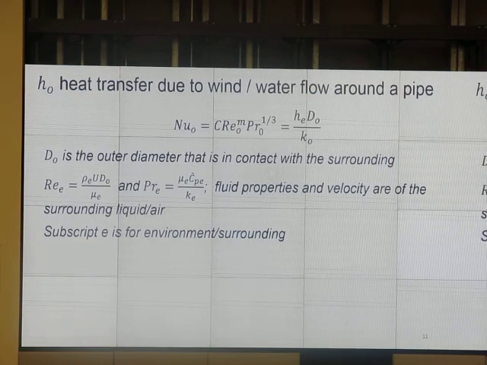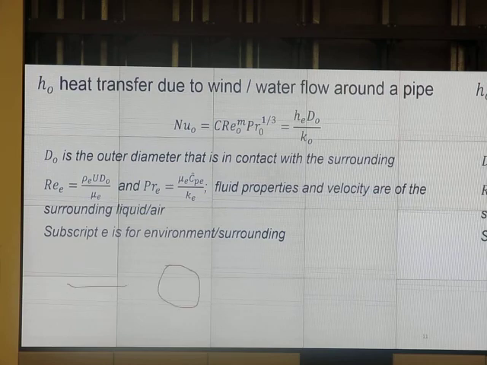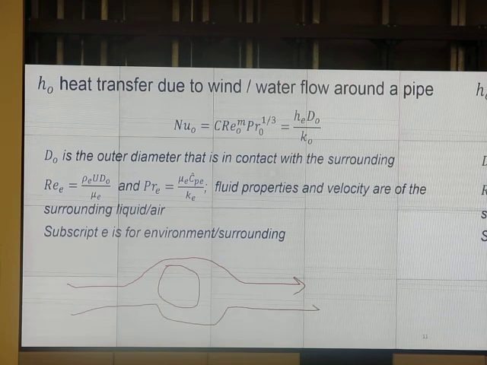What about heat transfer coefficient outside? Is there another formula for heat transfer coefficient outside? External flow around the pipe. So if I have the pipe, I have air flow around it or water flow around it, I have to calculate Nusselt number. There's a C value, Reynolds number, Prandtl number.